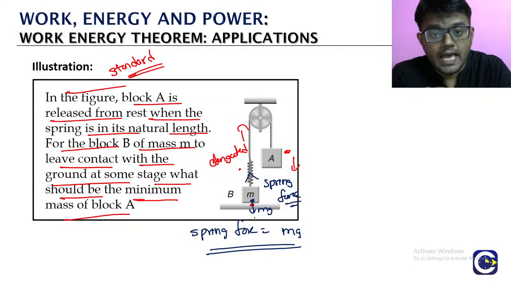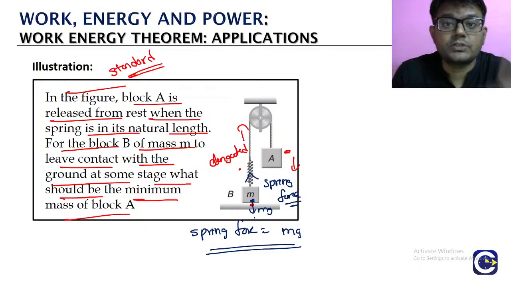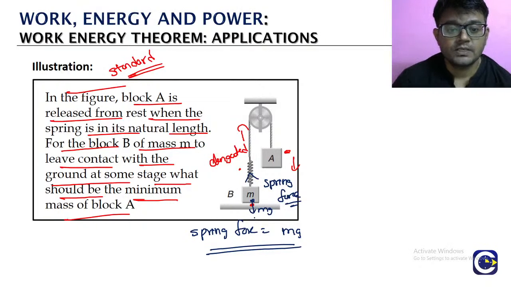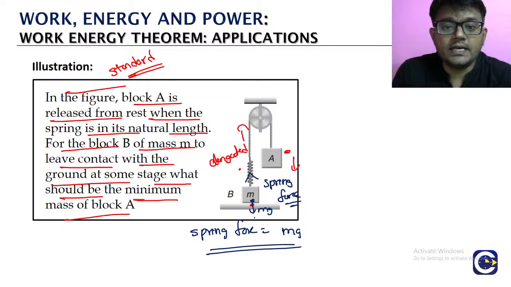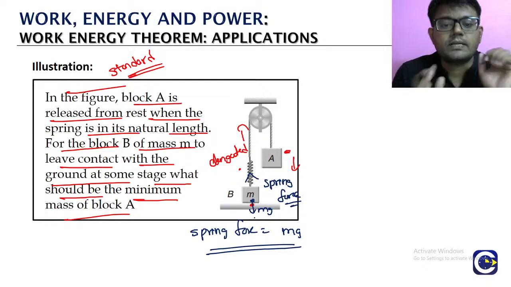It will actually leave the contact when the spring force is more than the weight, but as a limiting condition, the leaving from the floor arises when the spring force acting on that block is equal to the weight of the block. This is the situation that will have to come for the block B to leave the contact with the ground.